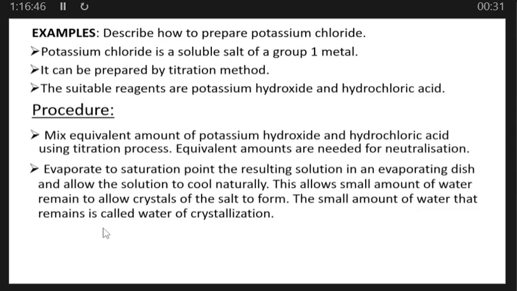So we are saying evaporate to saturation point the resulting solution in an evaporating dish and allow the solution to cool naturally. So since this hydrochloric acid will react with the potassium hydroxide to form potassium chloride and water, but it will be in the same container, if you want to remain now with the potassium chloride, you must evaporate to saturation point.